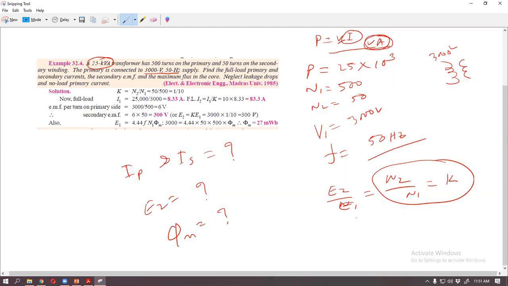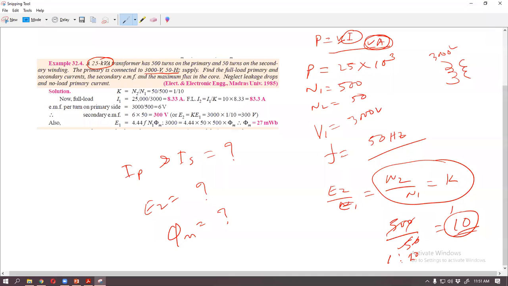N2 by N1 is equal to K. So the transformation ratio is N2 by N1, 50 by 500. So transformation ratio is equal to 1:10.